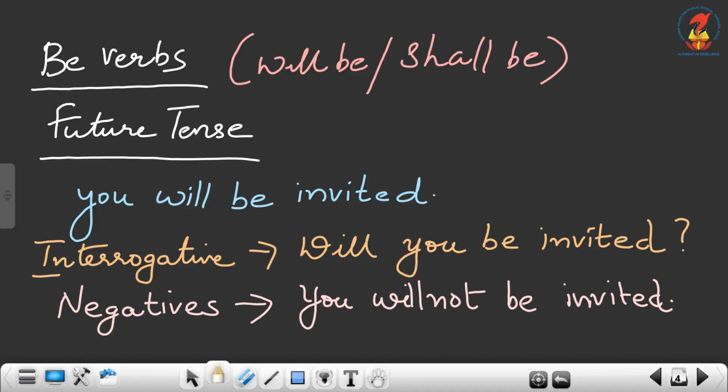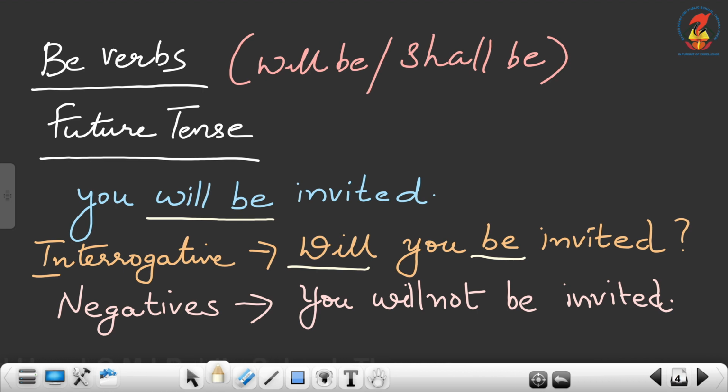Now, come to the next one. Be verbs in future tense, will be or shall be. These are the two be verb forms used in future tense. You will be invited, will be, that is be verb used in future tense. And interrogative, how you can make it interrogative? Will you be invited?